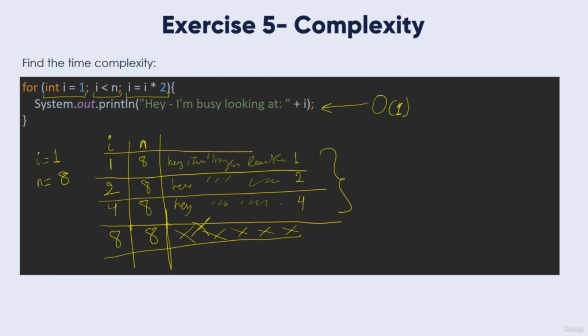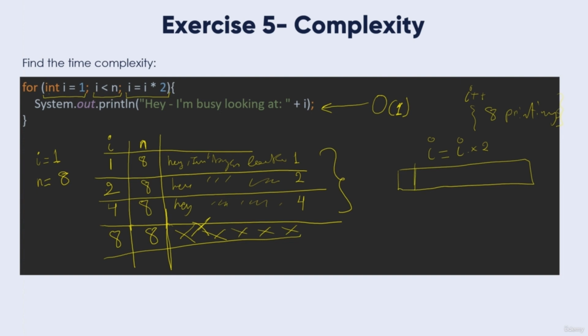So, what this means is that we are executing 3 messages instead of 8. If we didn't have i equals i times 2, if we used i plus plus, then we would need 8 printings. But here, with i equal to the old i times 2, we are jumping.